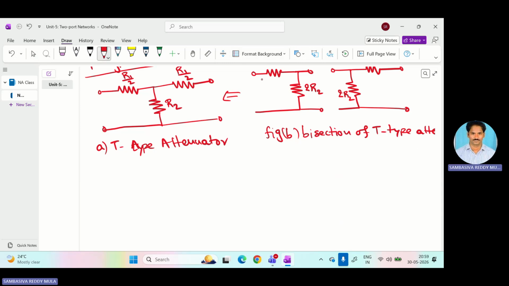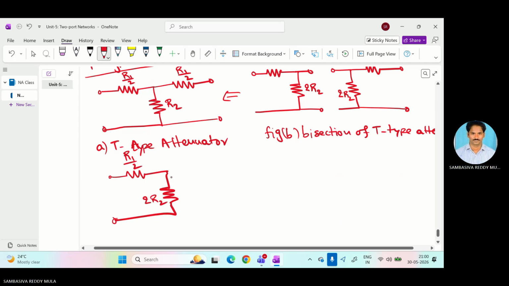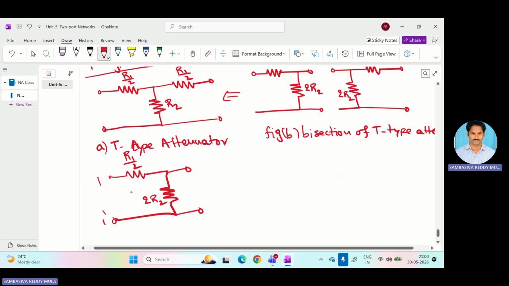So here, let us consider any one bisected network. Let us consider the first one. This is R1 by 2. This is 2R2. These are the terminals 1, 1 dash and 2, 2 dash.